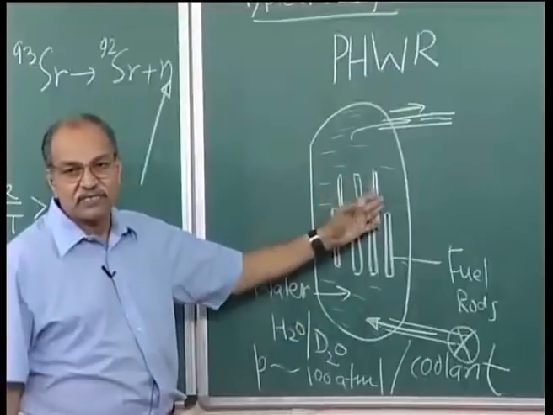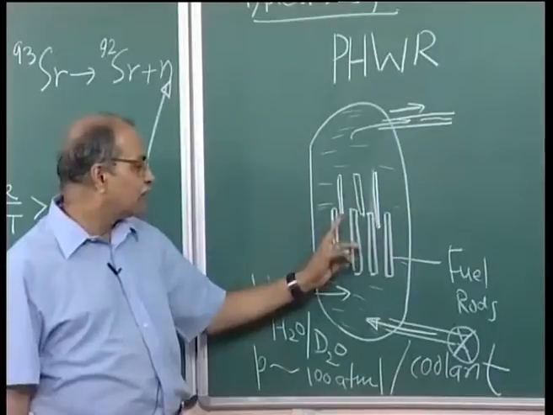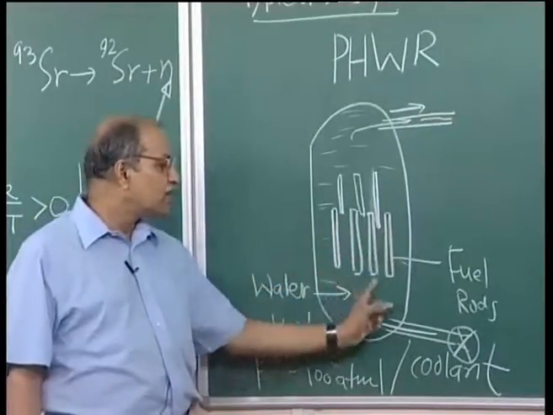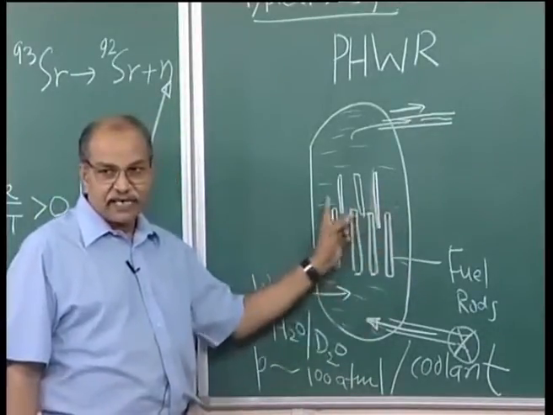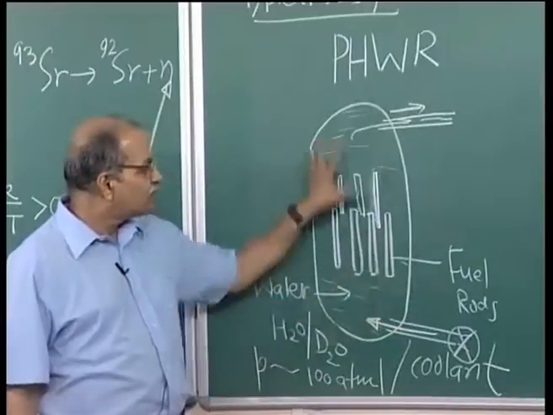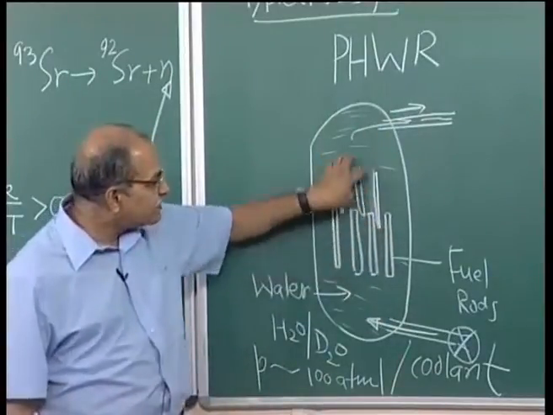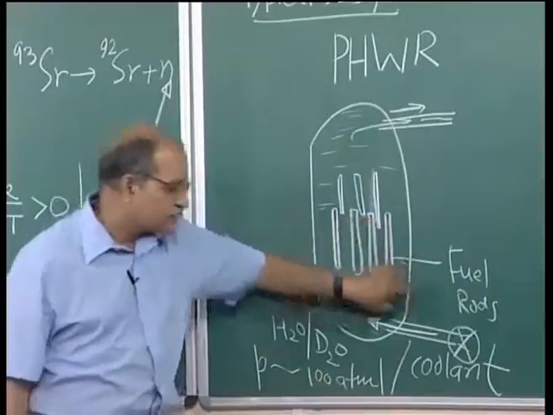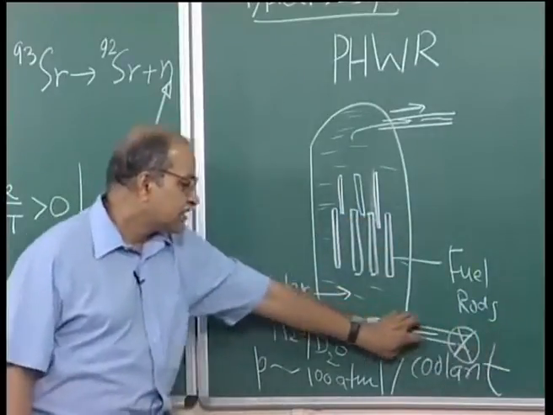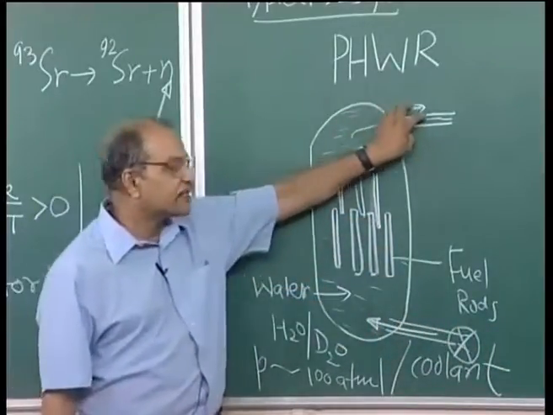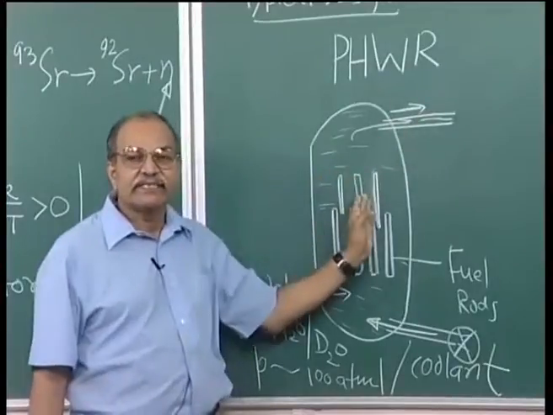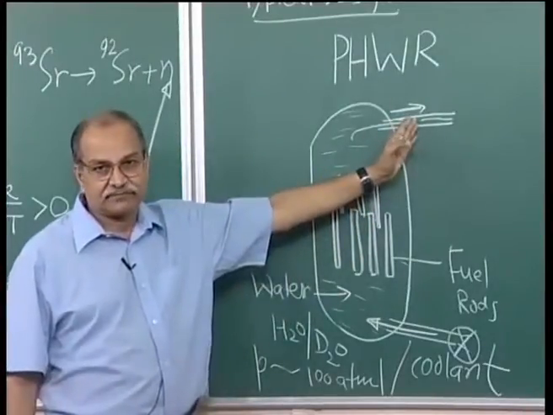The same water is also the moderator. So, the fuel rods are surrounded by moderator. So, that water is acting as moderator, and the same water is taking away the heat, is getting heated because of this coolant. Cold water is coming from here and then hot water is going from here. So, heat is taken from here.